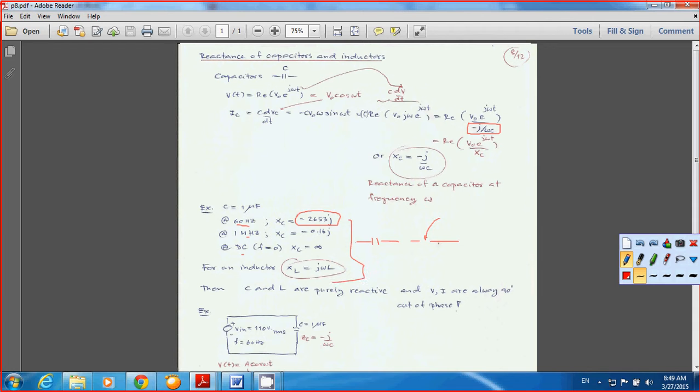You can guess, or you can tell, how you're going to connect C and L if you want a high pass filter, and the same thing if you want a low pass filter. What I mean is, let's see, this is your output. You know exactly that your output is going to depend on the impedance of the capacitor.